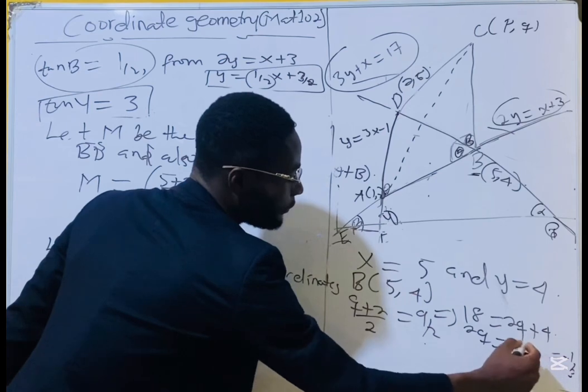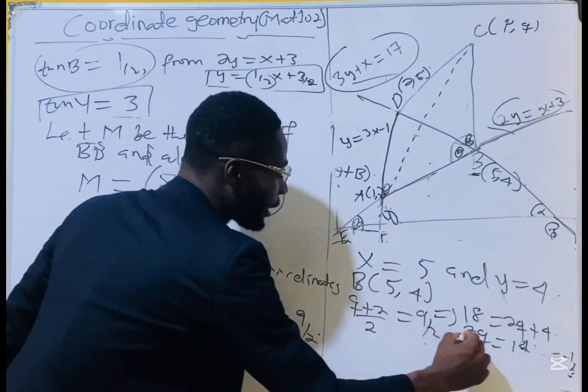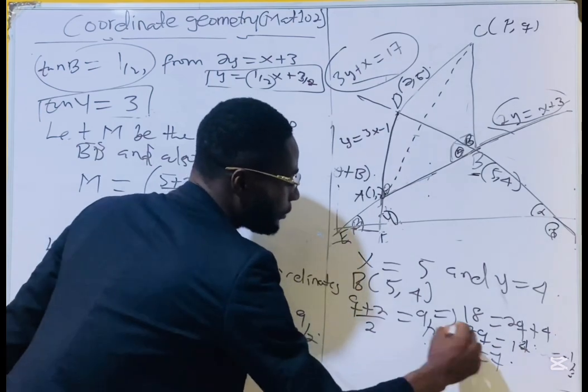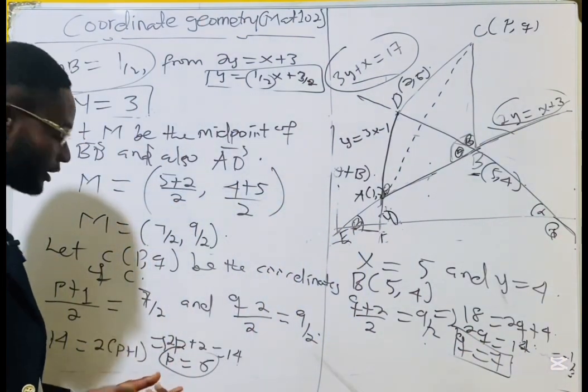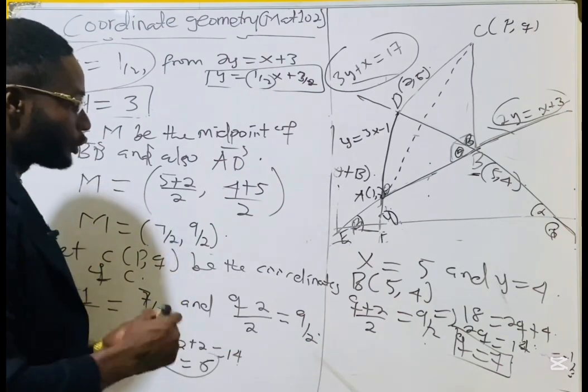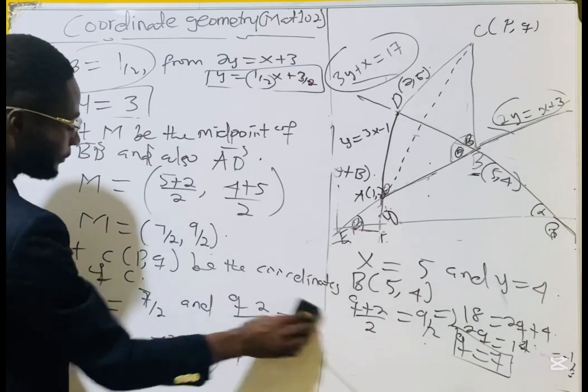12. That is 14, right? So we're going to have our q to be what? 7, right? So that means that our coordinate of C will be 6 and 7. So let's come up here.